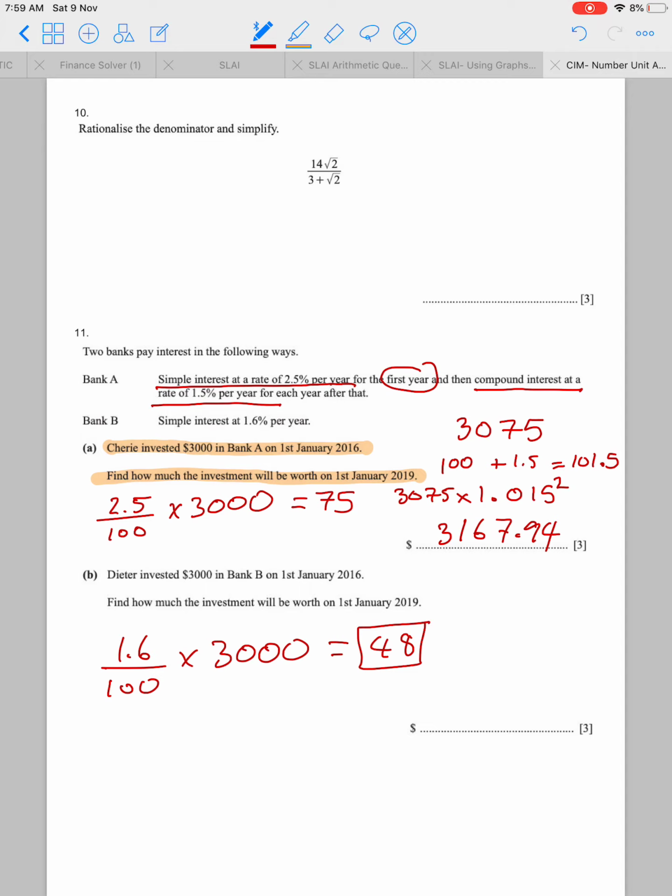Now this investment is for 3 years. So the total interest is 3 times 48, which is 144. So I start with 3,000, I earn 144, therefore 3,144.